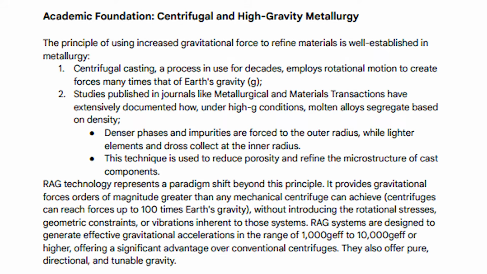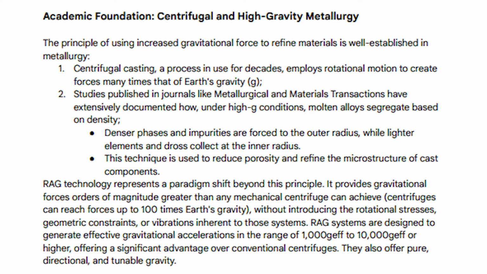Studies published in journals like Metallurgical and Materials Transactions have extensively documented how, under high G conditions, molten alloys segregate based on density. Denser phases and impurities are forced to the outer radius, while lighter elements and dross collect at the inner radius. This technique is used to reduce porosity and refine the microstructure of cast components.